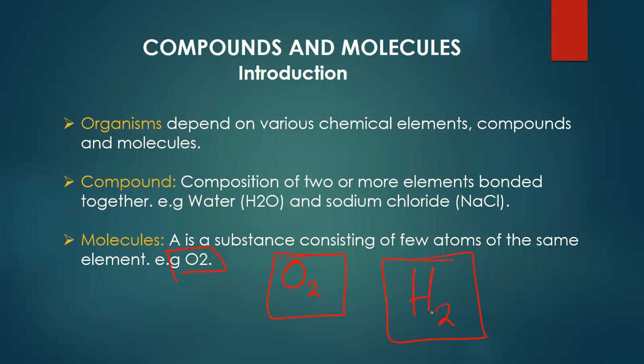We have two hydrogen atoms that are bonding together, and hence we call the result a molecule because this is a substance that contains two atoms of the same element, not compound.